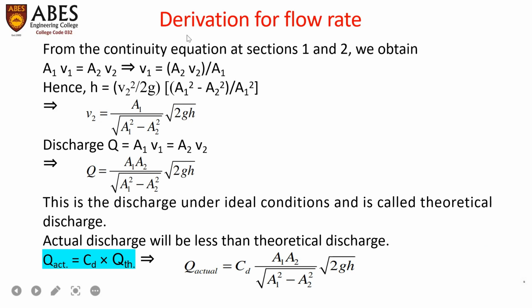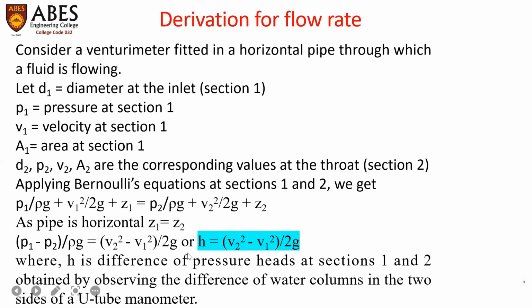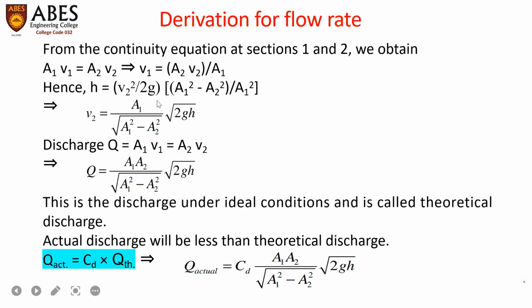By obtaining this value of V1, we can put it back in the equation of small h, where we have (V2 square minus V1 square) upon 2g. Putting in the V1 value obtained from the continuity equation and solving for V2, we have V2 as A1 divided by square root of (A1 square minus A2 square) multiplied by root 2gh.